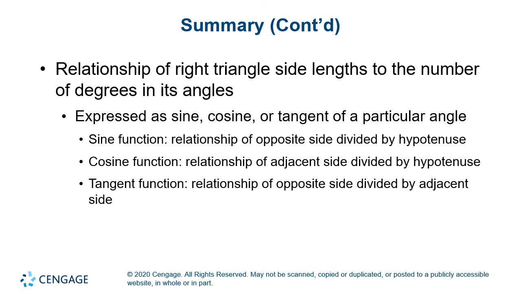The cosine of an angle is going to be equal to the adjacent side divided by the hypotenuse. And lastly, the tangent of an angle is going to be equal to the opposite side length divided by the adjacent side length. These are all common trig functions that you should be familiar with and be able to do on your calculator.